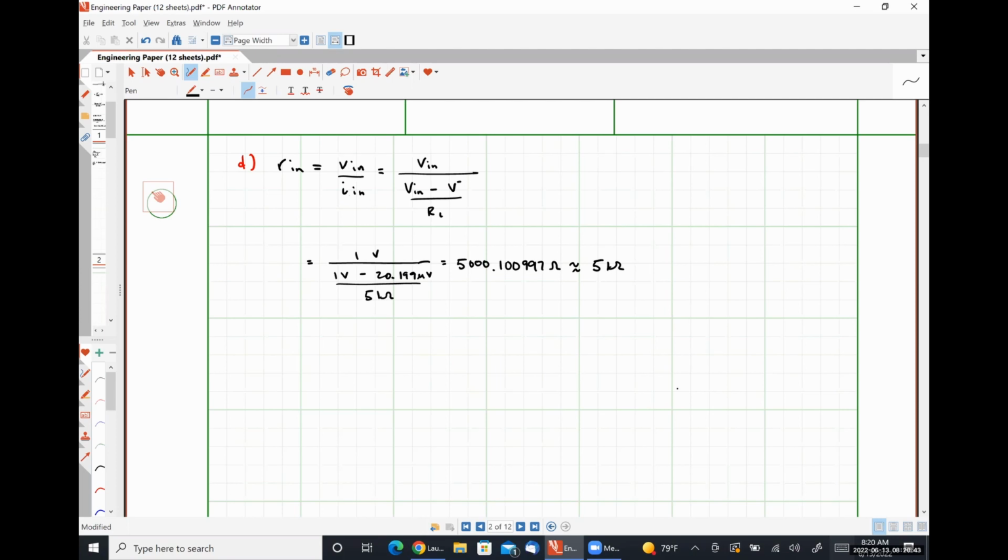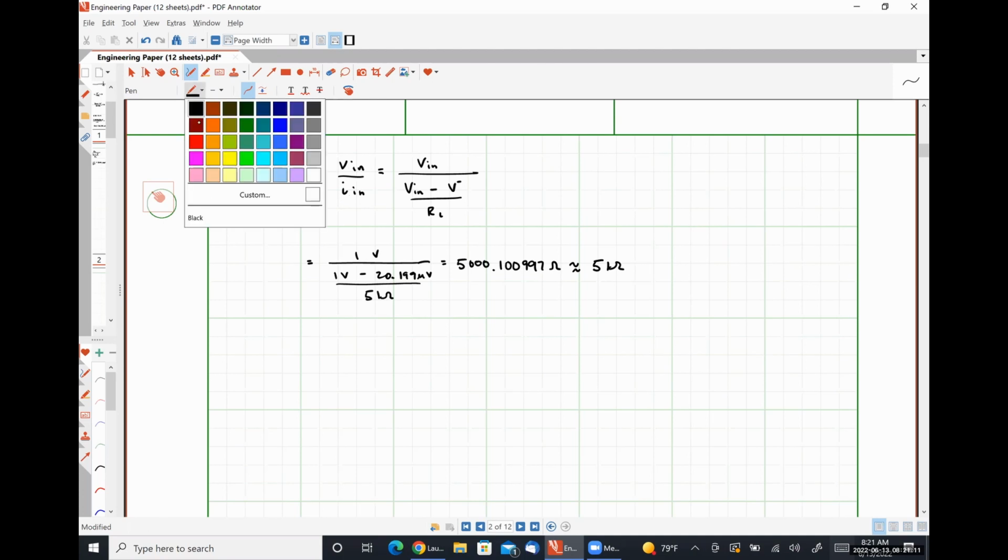In this particular case, we are seeing that the effect of the 1 mega ohm of input resistance of our op amp by itself gets scaled down to a factor of about 0.1 ohms. So we see a dramatic decrease in the resistance of the op amp.